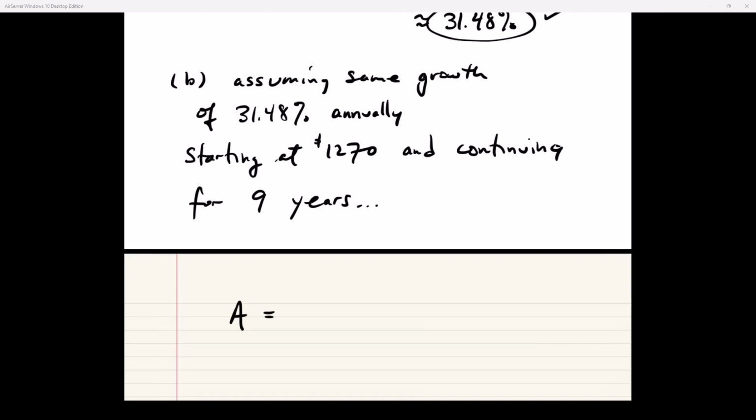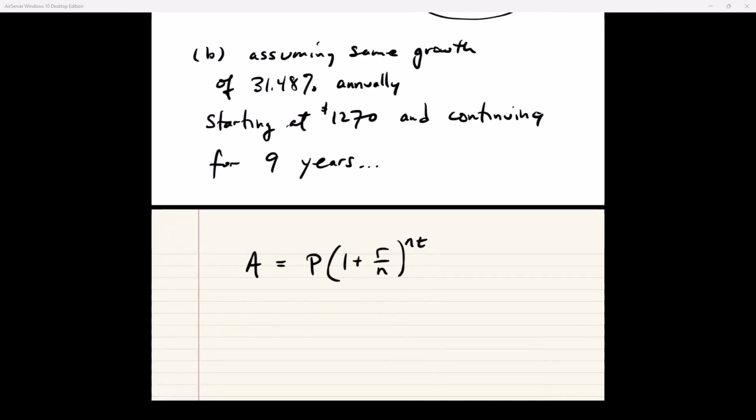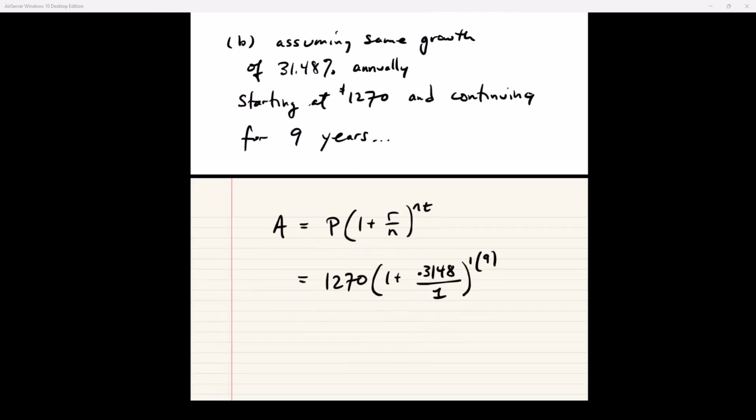So my future amount is based on my principal amount, 1 plus r over n, to the nt, is the general formula for compound interest, where you have a rate r and a frequency of compounding of n, and here I'll just take that n to be 1 and the annual rate to be 31.48%. And the starting amount to be 1270. So there's my starting amount, 1 plus a rate of 31.48% annually compounded for a period of 9 years.